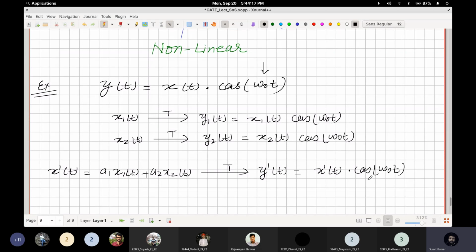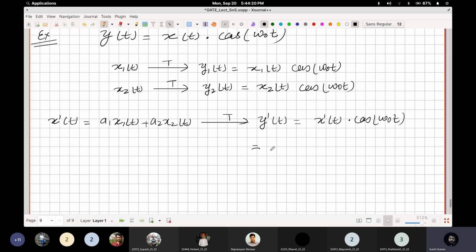So if you expand this, what are you going to get? Your y dash t is going to be equal to a1 x1 t plus a2 x2 t, that is x dash t, times cos omega naught t.